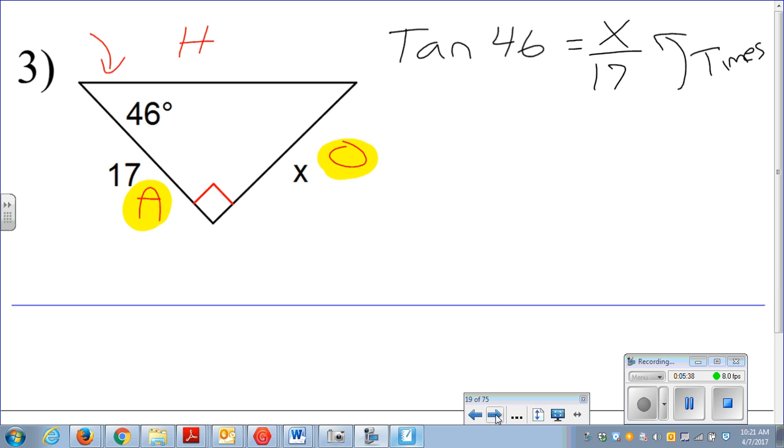And then you'll multiply times the tangent of 46. Hit enter, and you'll get 17.6 if you round to the nearest tenth. On some other problems where you are dividing, you'll divide right there instead of multiplying. We'll take a look at some of those.